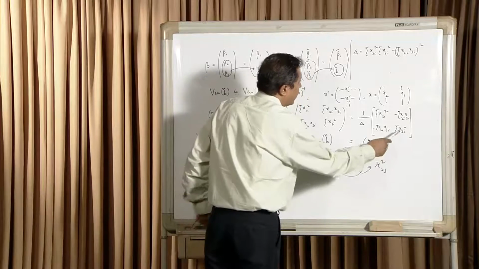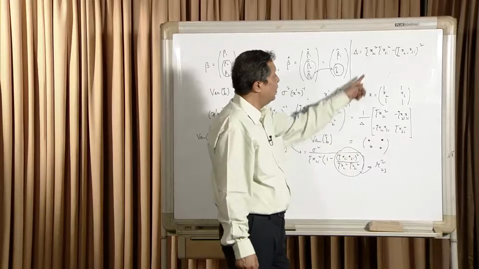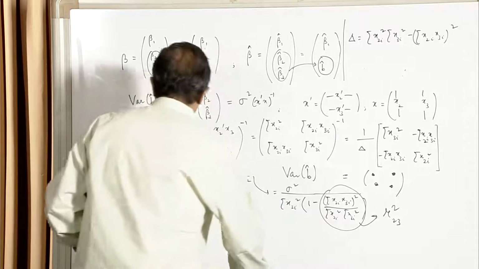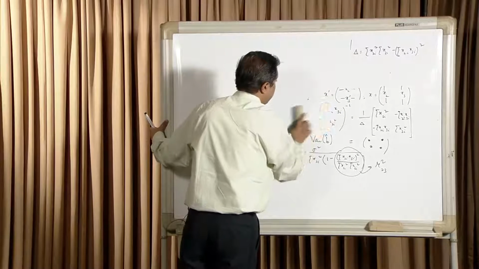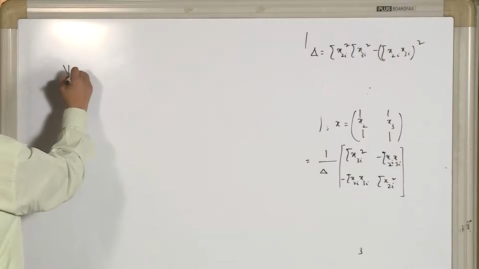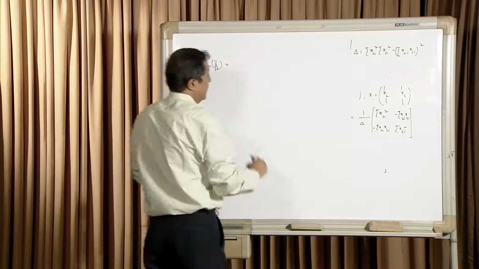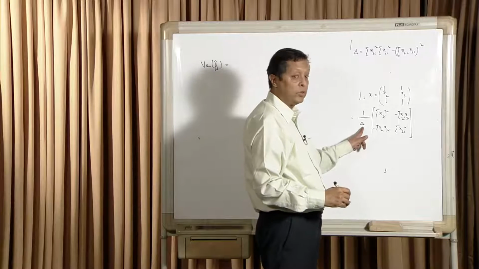That is x2i square. So, x2i square divided by delta. Once again this x2i square will get cancelled. So, we can write variance of beta 3 hat will be as follows. Variance of beta 3 hat will be this term divided by this all into sigma square.